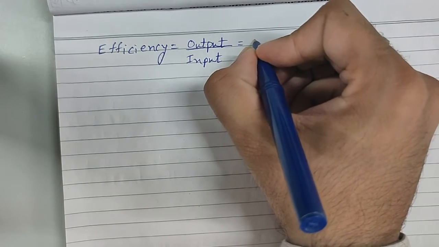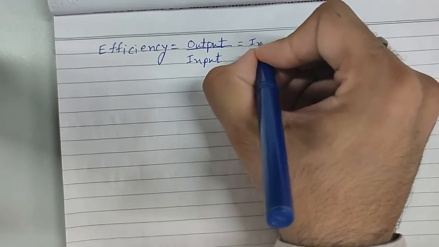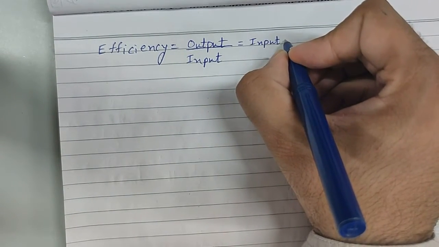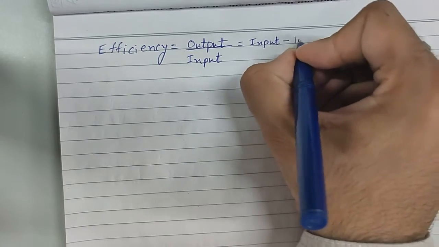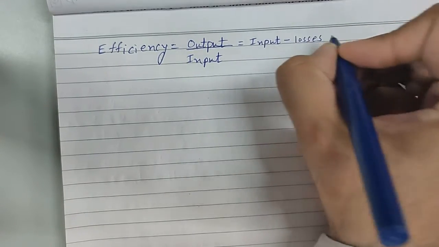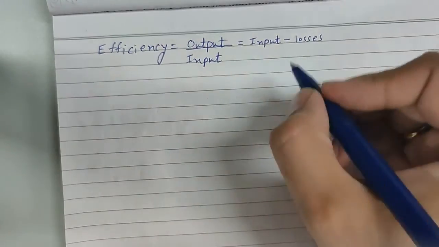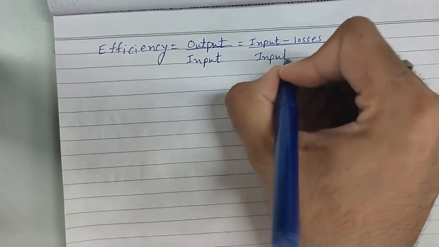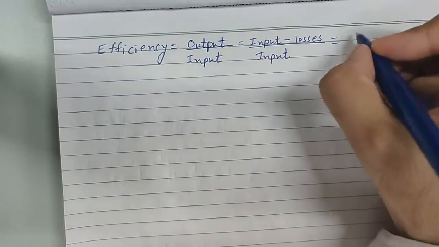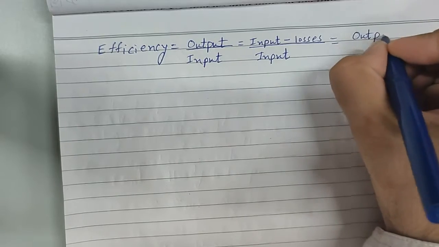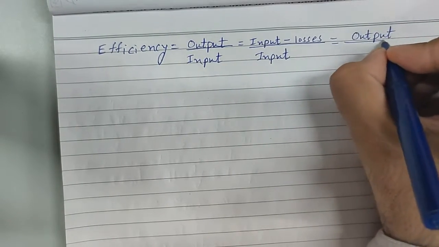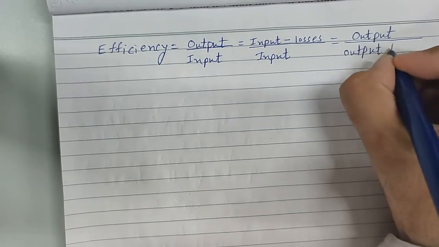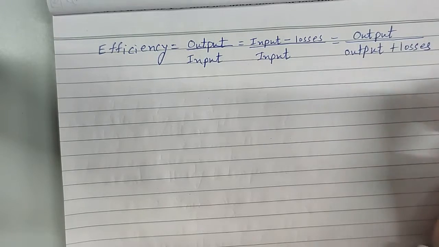Let's say I can write my output as input minus losses, divided by the input, or it can also be written as the output divided by the output plus losses.